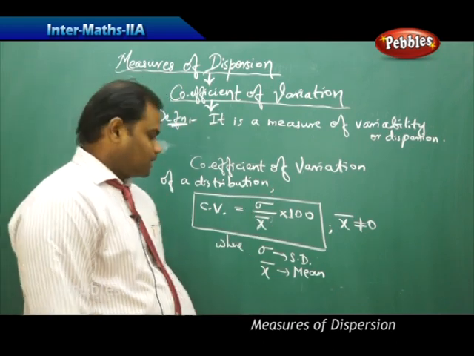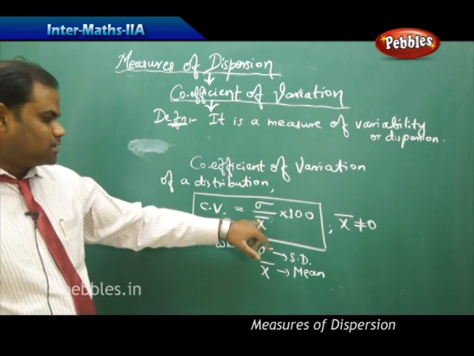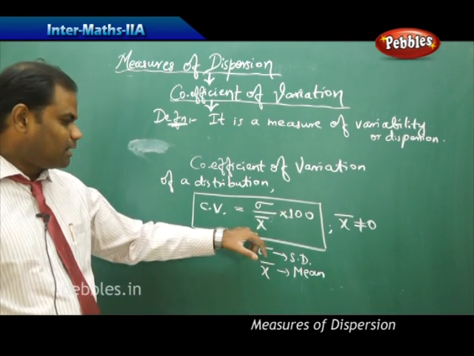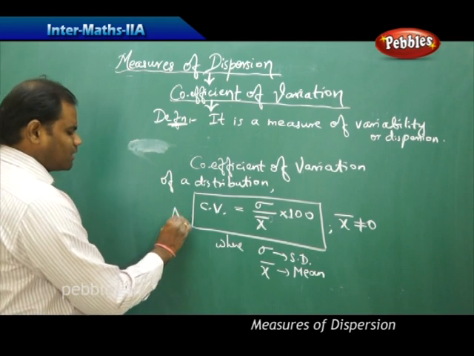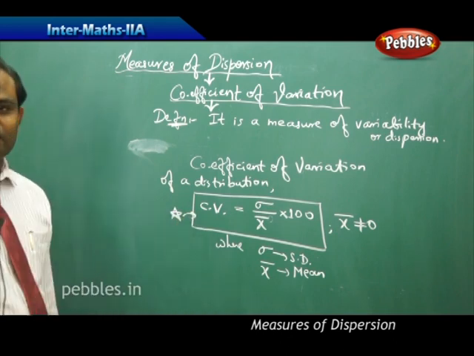So the coefficient of variation is given by sigma by x bar times 100, which is taken as the formula for CV.